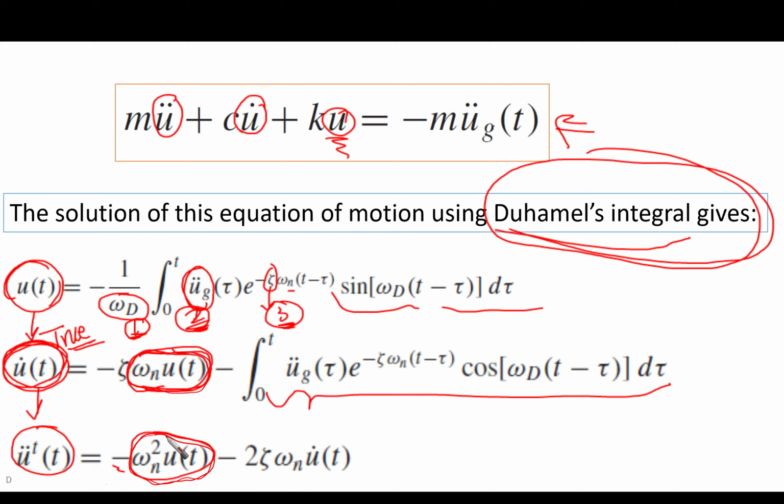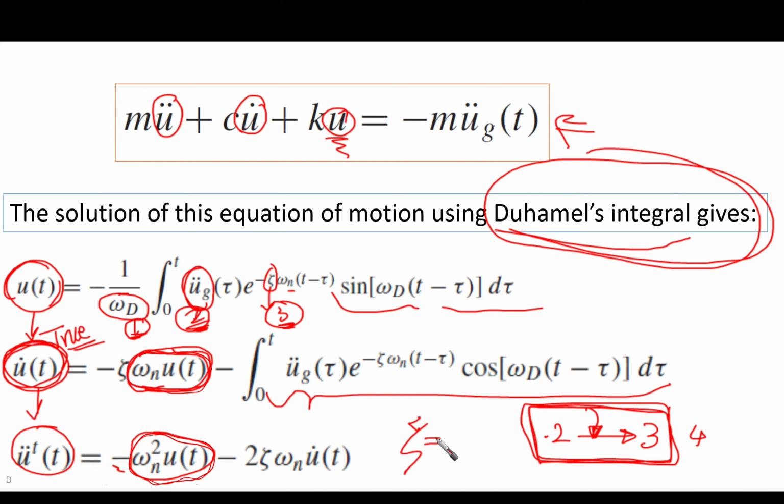So for the periods of interest, commonly we are dealing from like 0.2, for example, to like 3 or 4 seconds. This is the range of the buildings that we commonly encounter in practice. And commonly the damping ratio is also starting from 0.02, for example, and ending with 0.05.